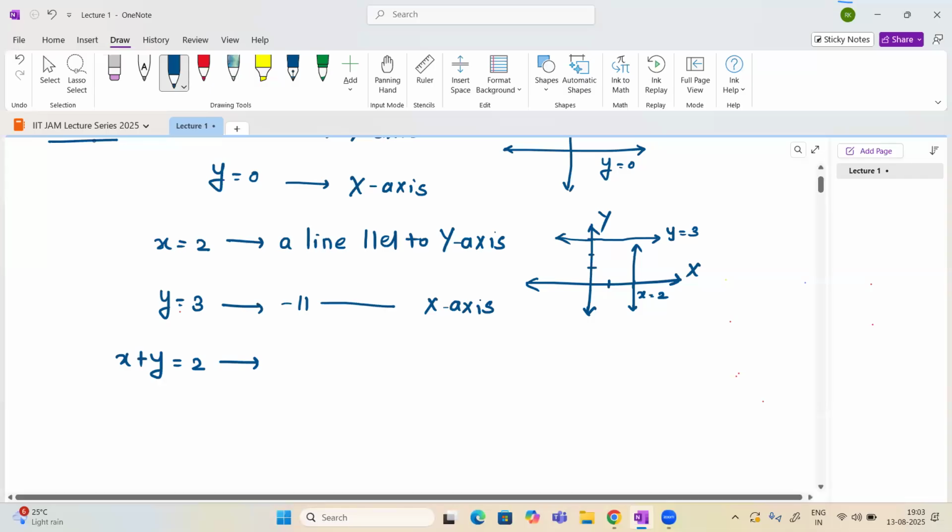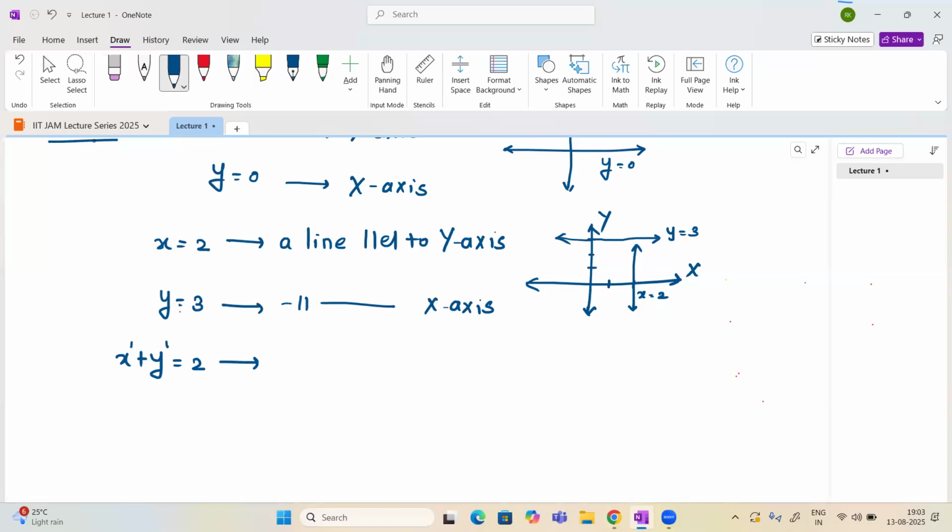Yeah, very good. See, we need to observe their powers, right? So the power of x is 1, the power of y is also 1. So that means definitely it is a line. I had given a very simple line, so you can easily tell me. But when you have any complicated line, no need to worry.